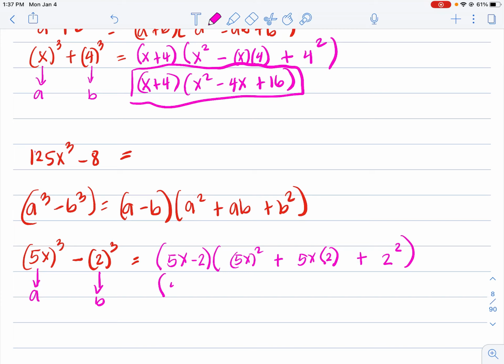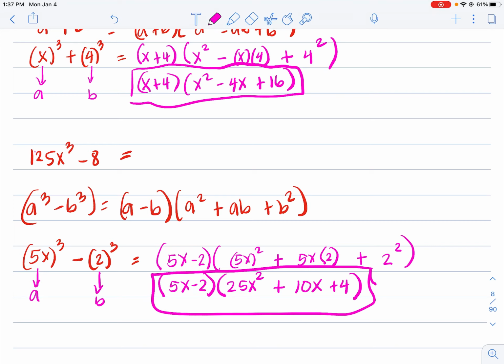And then I'll have 5x minus 2. 5x squared means 5x times 5x, so that's 25x squared plus 10x plus 4. And this is our final answer. So the factored form of 125x cubed minus 8 is 5x minus 2, 25x squared plus 10x plus 4.